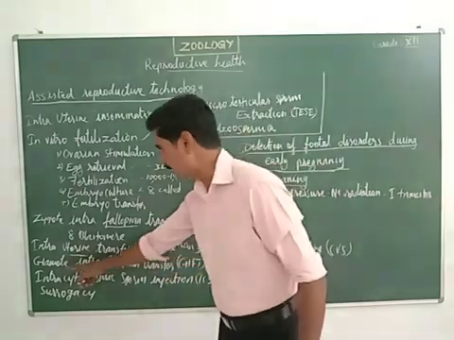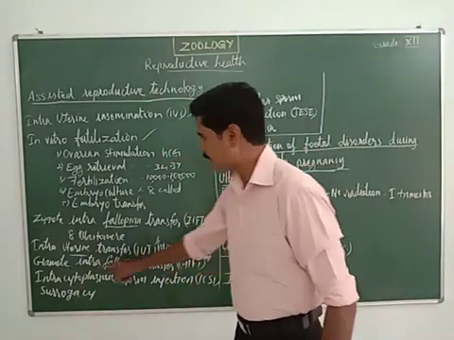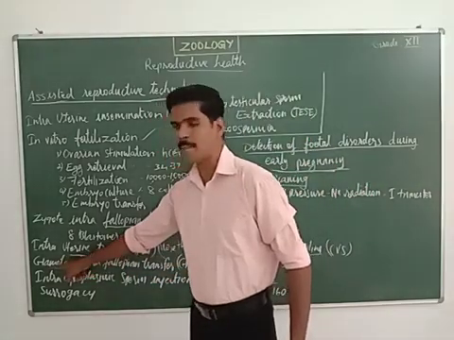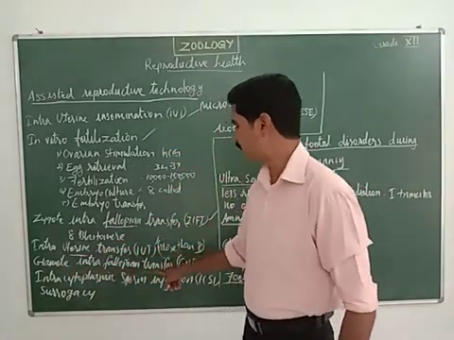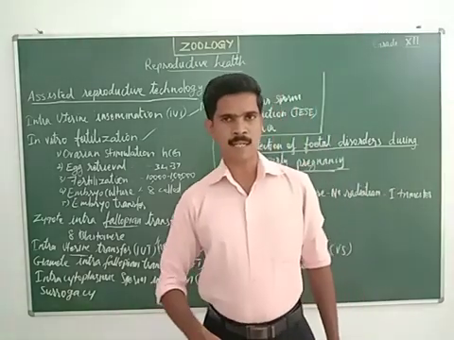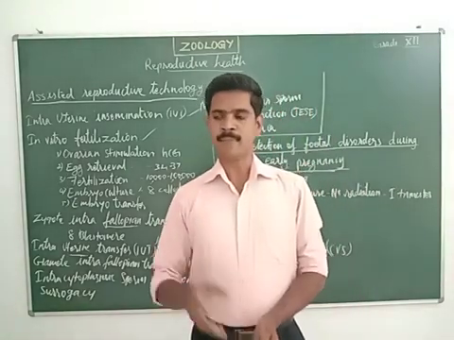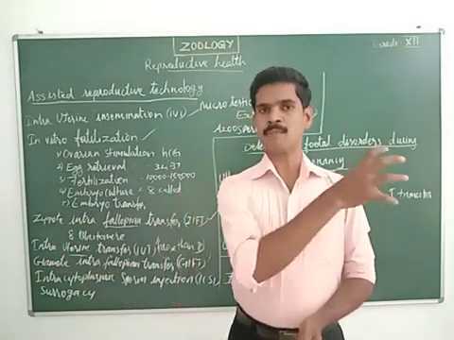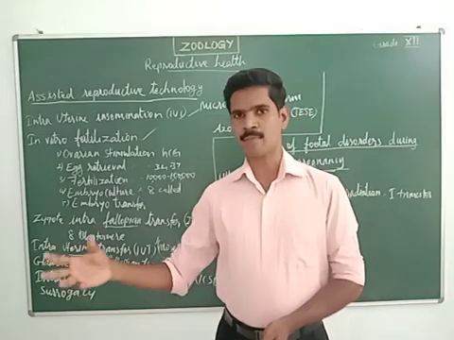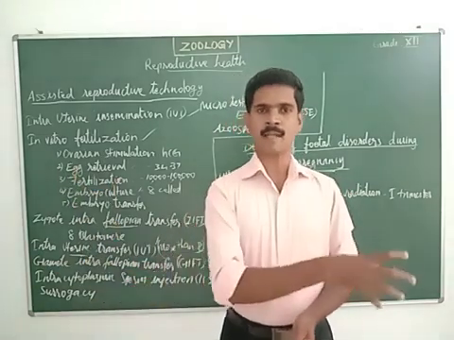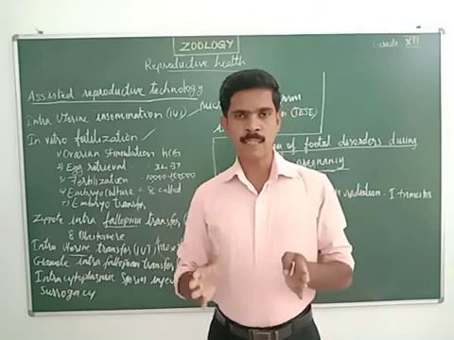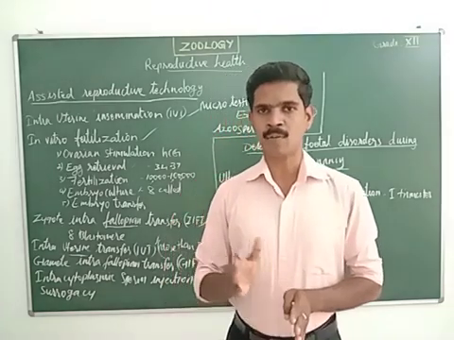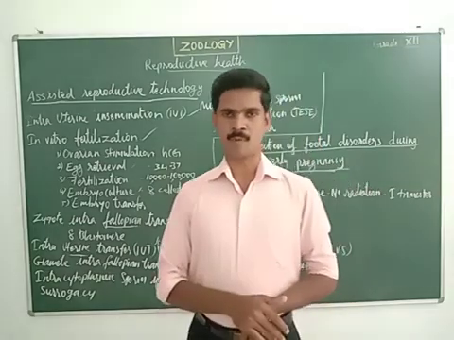Then the next technique is gamete intrafallopian transfer. See, not zygote, gamete. In this method, the egg is collected from the donor mother and the sperm is collected from the donor father. Both egg and sperm are simultaneously placed in any one of the fallopian tubes for the fertilization process.